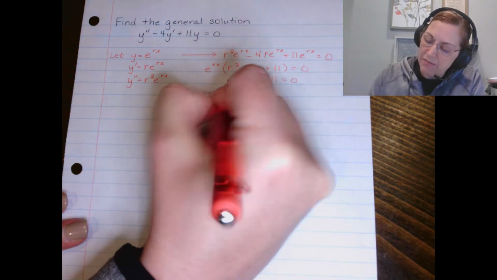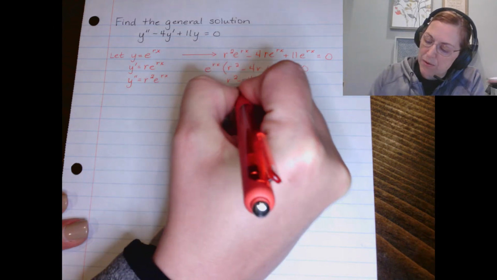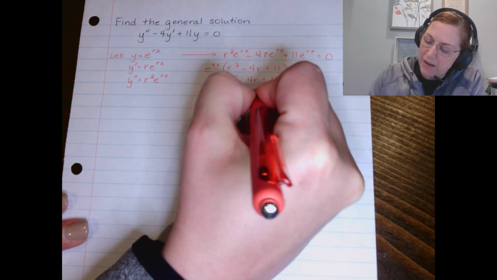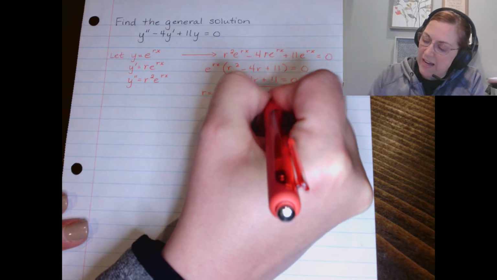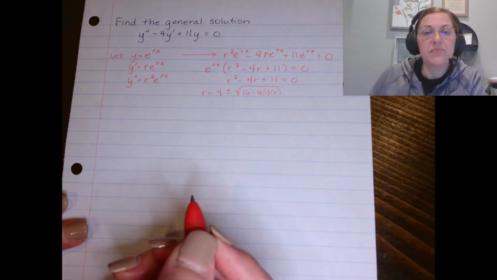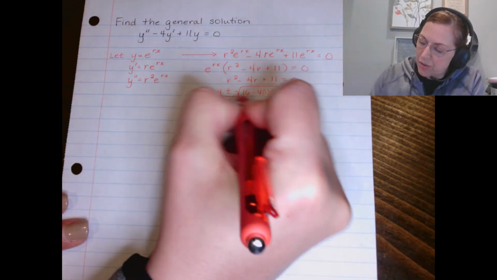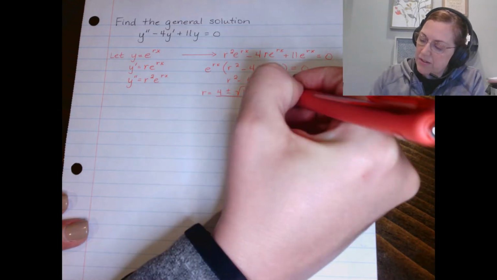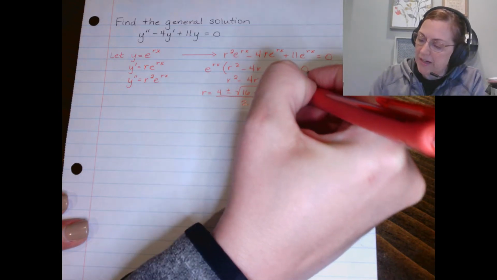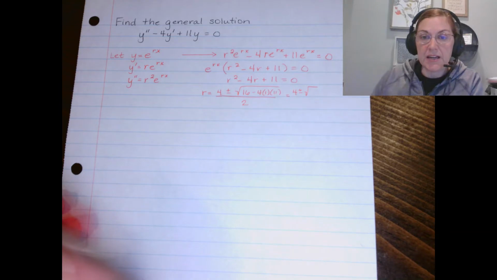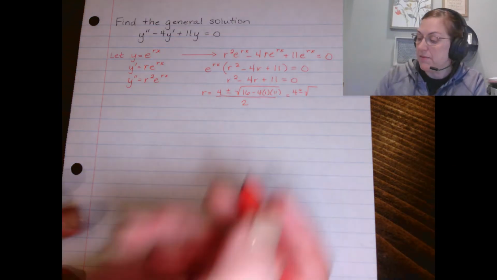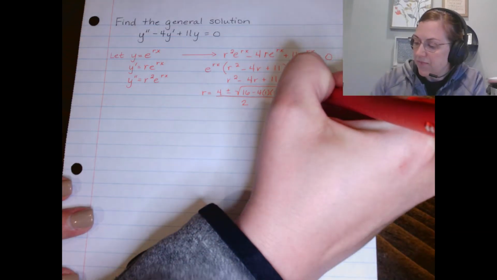Negative b plus or minus the square root of b squared minus 4ac, all over 2a. So I get 4 plus or minus the square root of 16 minus 44, which is going to give me negative 28.